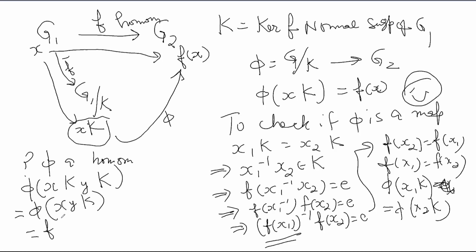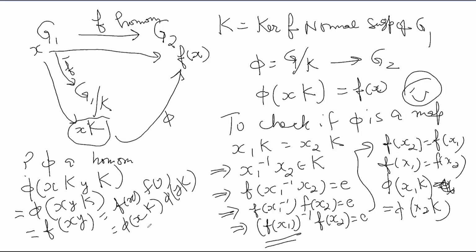And this by definition is f of xy. Now, f of xy is what? f of x times f of y, again just by the property that f is a homomorphism, and this can be split as a product. So these are fairly easy reasonings, I think. I hope I'm not making them super complicated. So what we saw is that phi is a map, and it is also a homomorphism, right?